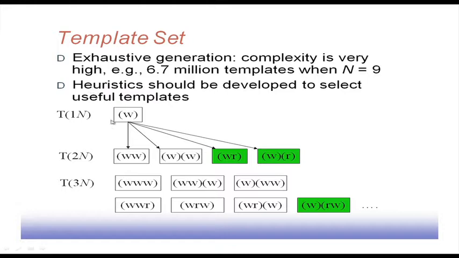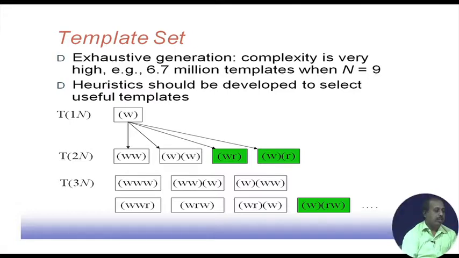So we start with, say, a test length of 1n. That means it has to be a write operation, because I cannot start with a read operation. So, start with a write operation, and then when I am trying to extend the length, I can put another write after this.